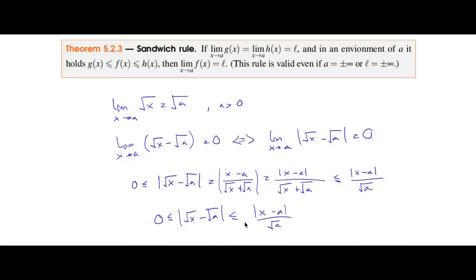Now we take limits here. The limit when x goes to a of this is 0, and the limit when x goes to a of this is 0. So that means that this has to be 0, which proves the original result.